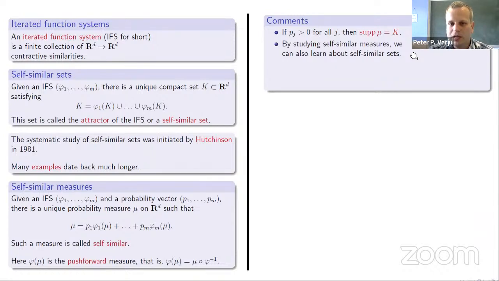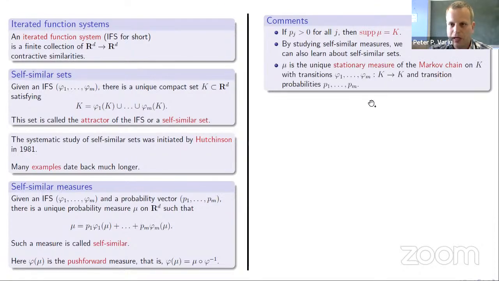Okay, so one reason for studying self-similar measures is because by studying them, we can also learn about self-similar sets. So there is this obvious connection that the support of the measure is the set. And later on, I will say a little bit more about this connection.